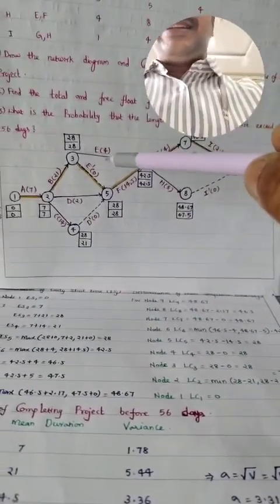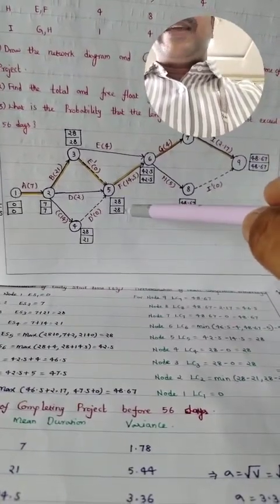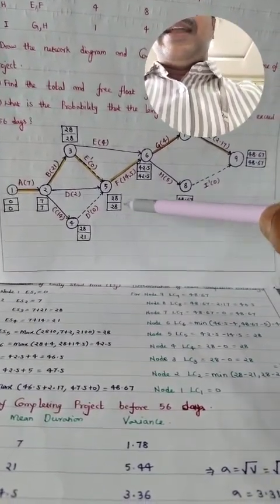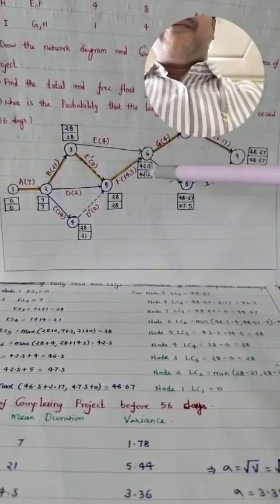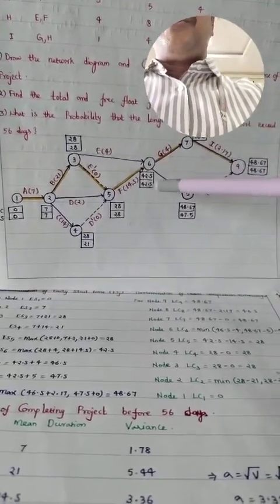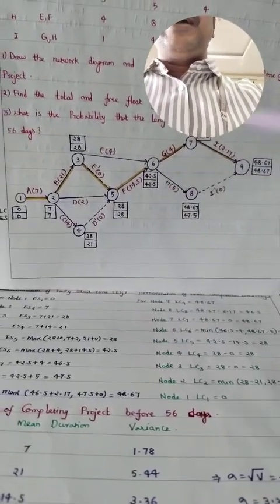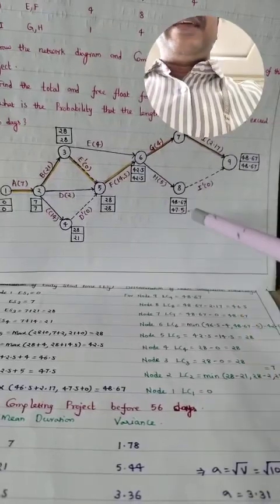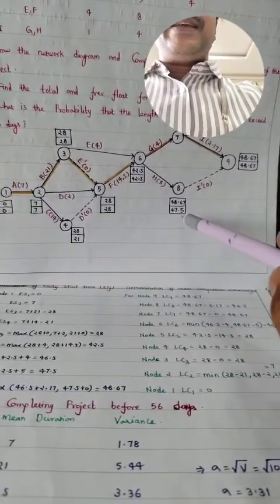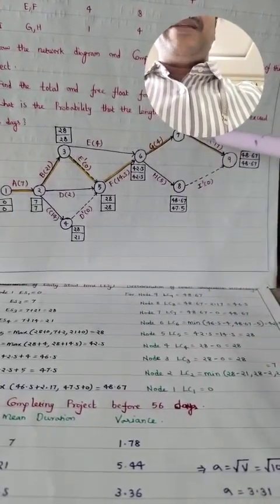Among these 3 it is 28, so I take 28. Again 28 plus 14 and 28 plus 14.5, the larger is 42.5, so I take the maximum value as 42.5, and after this I will add plus 5 and plus 4 and write them here.